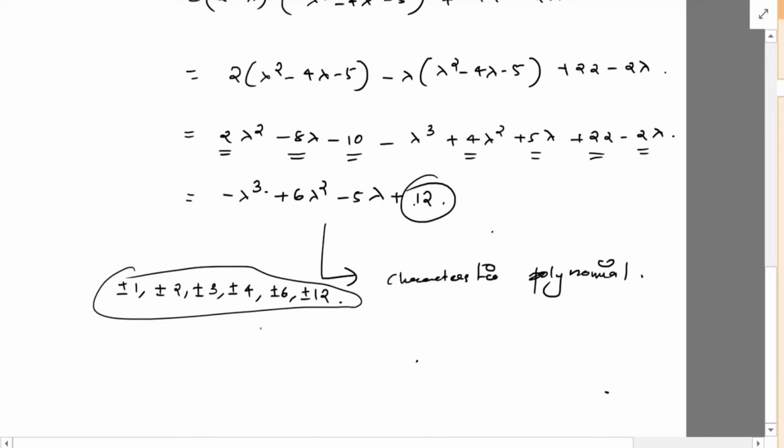What about 2? When we substitute 2 into the characteristic polynomial, we will get what? Minus 2 cube plus 6 into 2 square minus 5 into 2 plus 12. So which is equal to minus 8 plus 6 into 4, that is 24, minus 5 into 2, which is 10, plus 12.